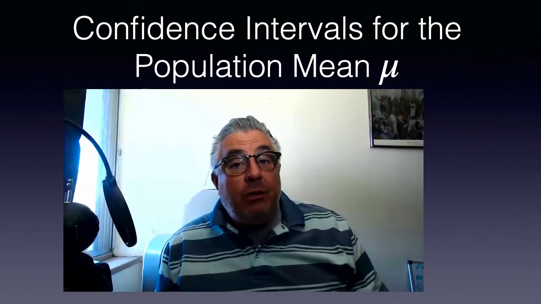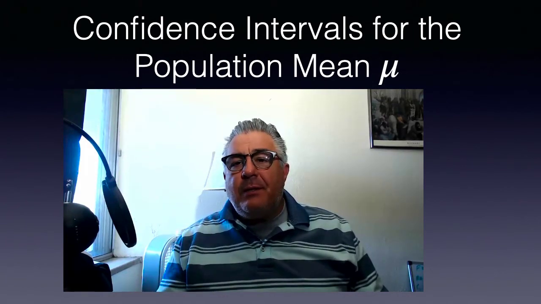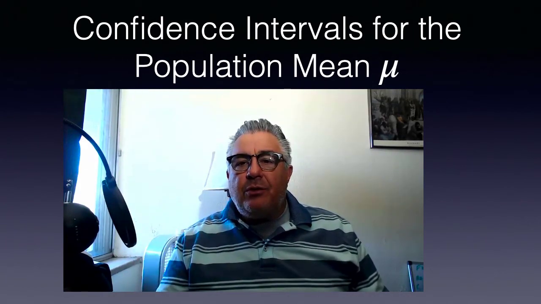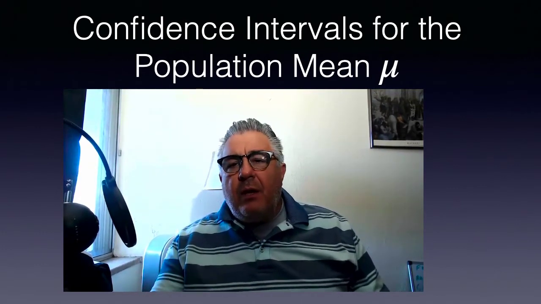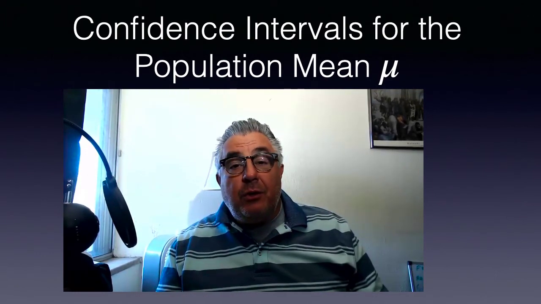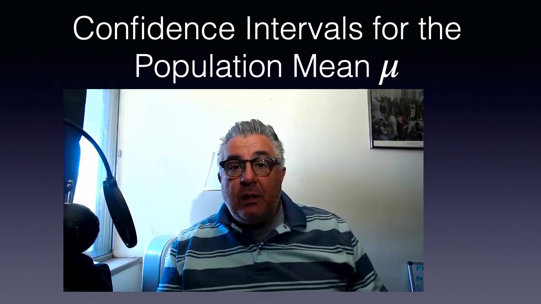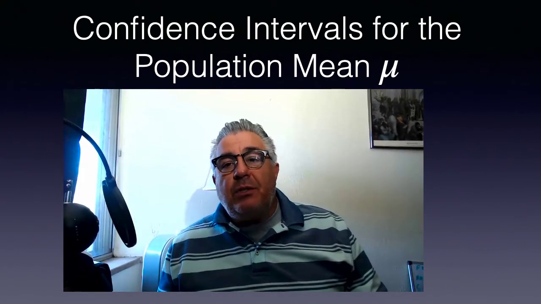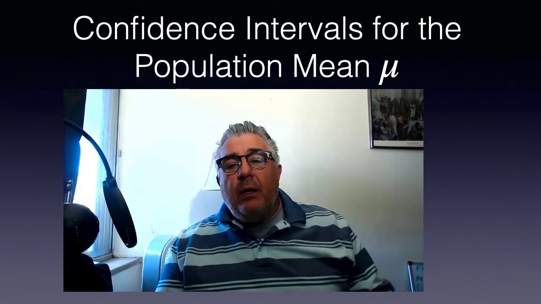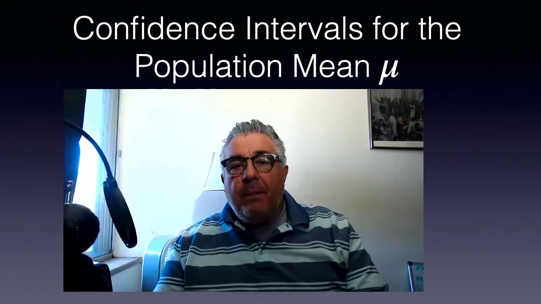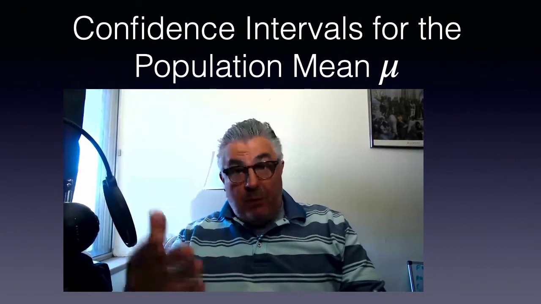All right, so in this video, I will make some introductory comments. We'll go into a new distribution called the T distribution, and this T distribution is going to move forward with us. We're going to use it in this chapter to compute confidence intervals. We'll go back to the Z for the sample size, and then moving forward, we will use the T distribution in the next chapter on hypothesis testing with a single population parameter, and then in the next chapter on hypothesis testing with two population parameters, which is going to be pretty much your project.